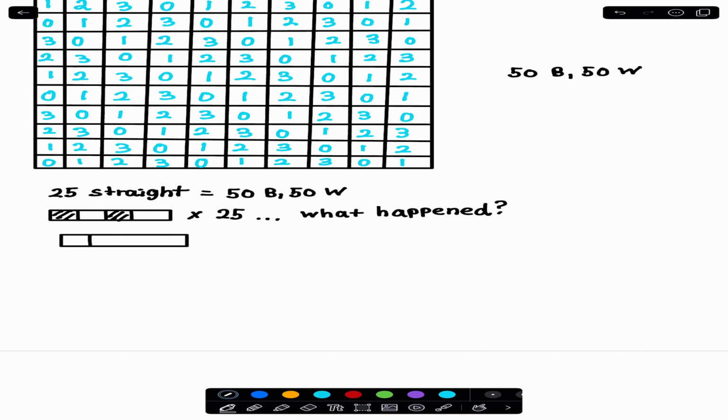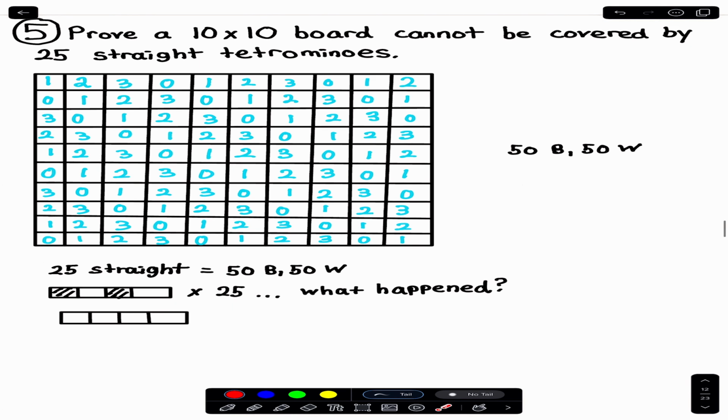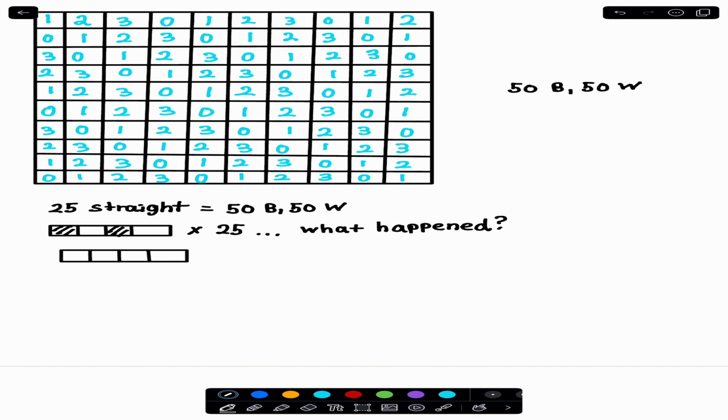If we go back to how a straight tetramino looks like, notice whenever we place this straight tetramino onto the board now, whether it's here or here, or this corner here, or maybe even here at the bottom, and the last one maybe like this, no matter how we position it, no matter how we orient it, it will always cover one of each color.